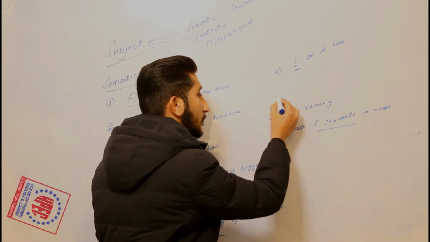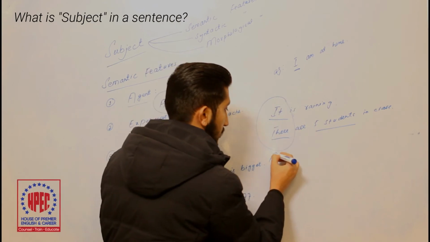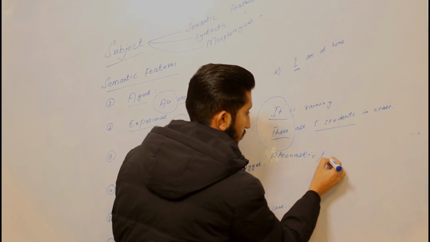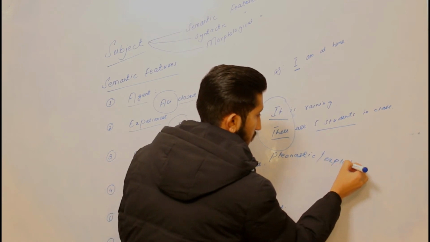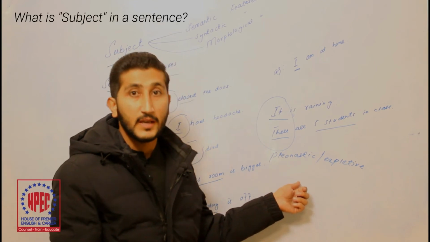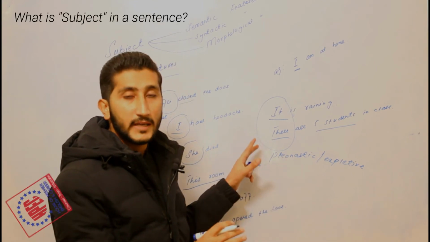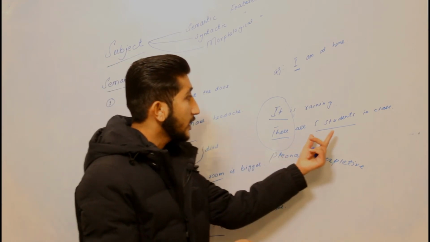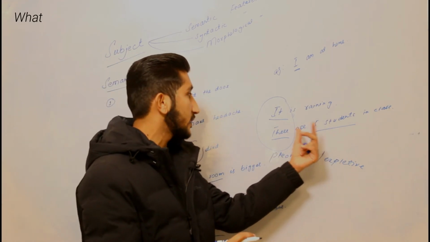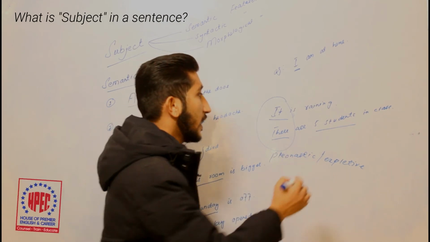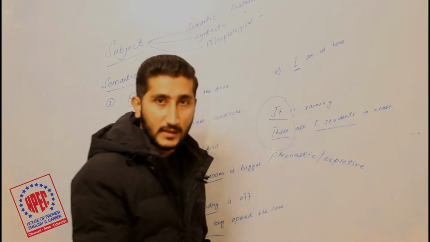We call them expletive or pleonastic subjects. In other words, the meaningless subjects are called pleonastic or expletive subjects. Now in this sentence there are 2 subjects. There is a pleonastic or expletive subject and 5 students is the main subject.